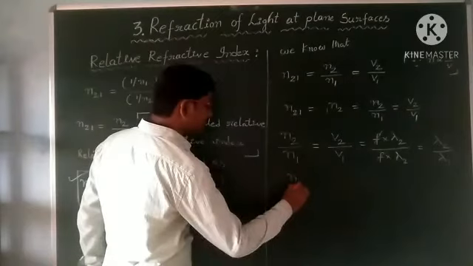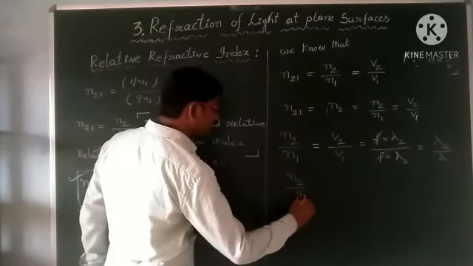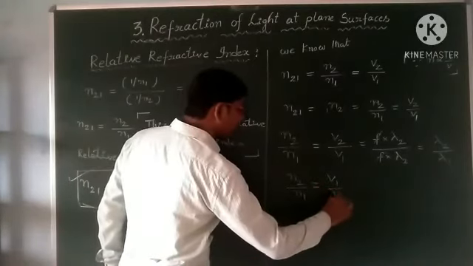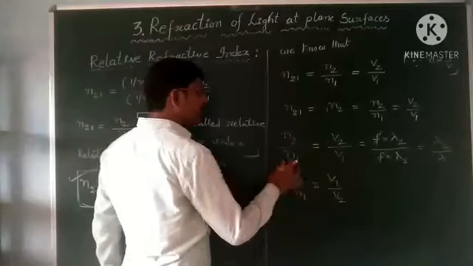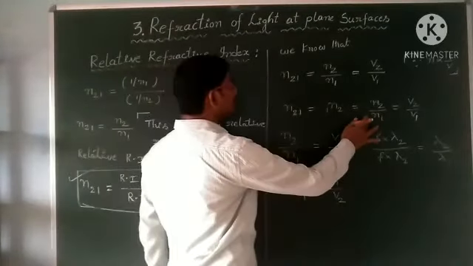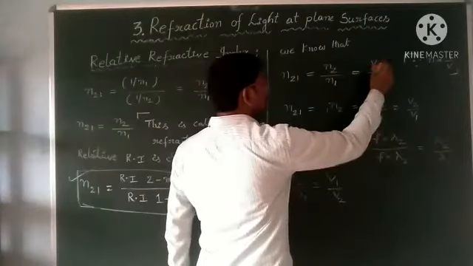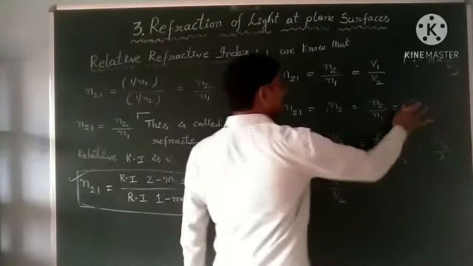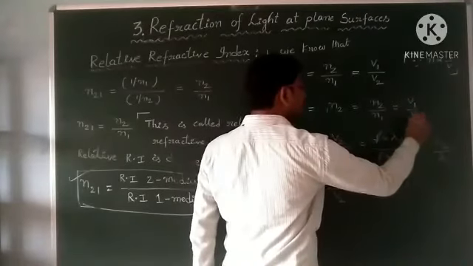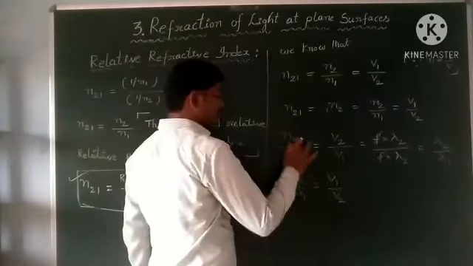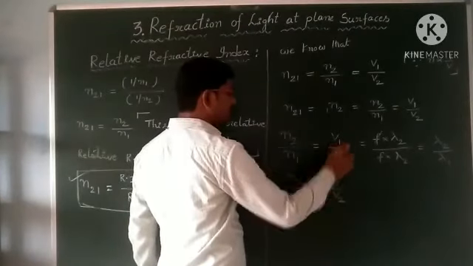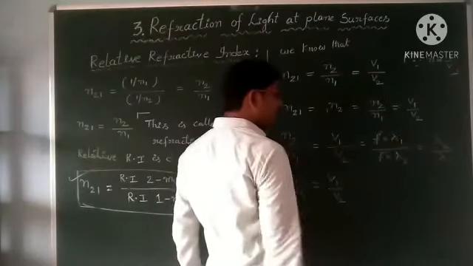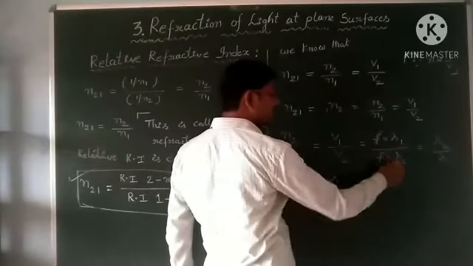Refractive index of second by refractive index of first is v1 by v2. So n2 by n1 means v1 by v2. v1 means f1 into lambda 1, v2 means f into lambda 2.